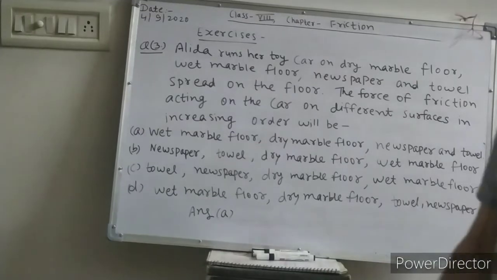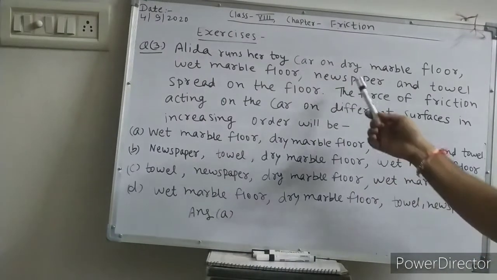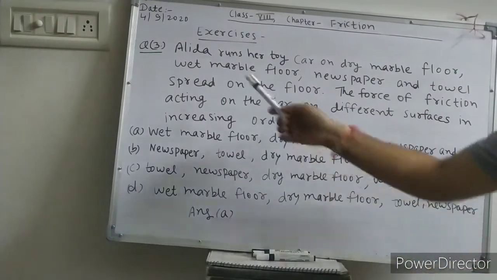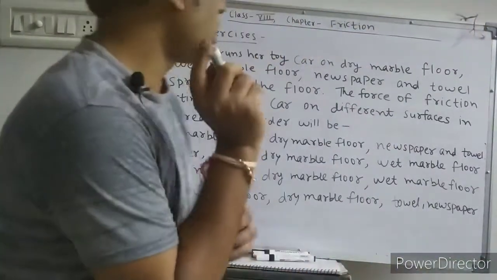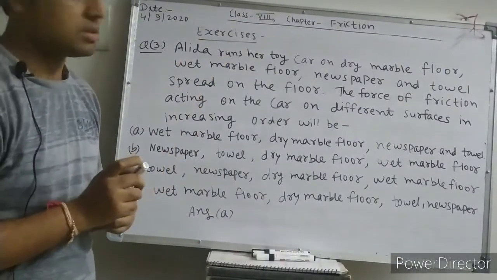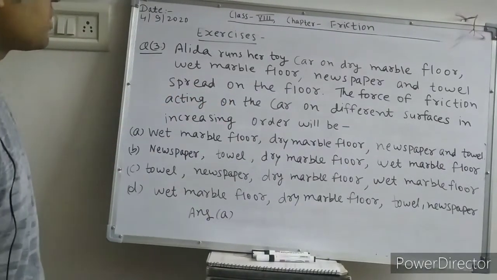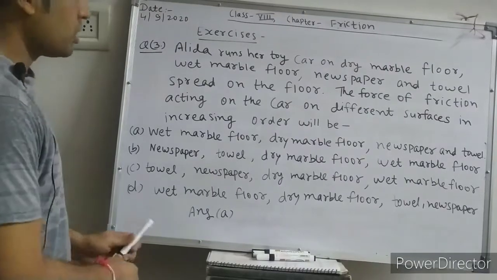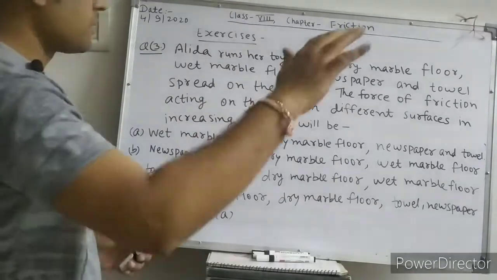Third question. Alida runs her toy car on dry marble floor, wet marble floor, newspaper and towel spread on the floor. The force of friction acting on the car on different surfaces in increasing order will be. So Alida wants to move her car on these types of surfaces. Increasing order means बढ़ते हुए क्रम में, increasing.